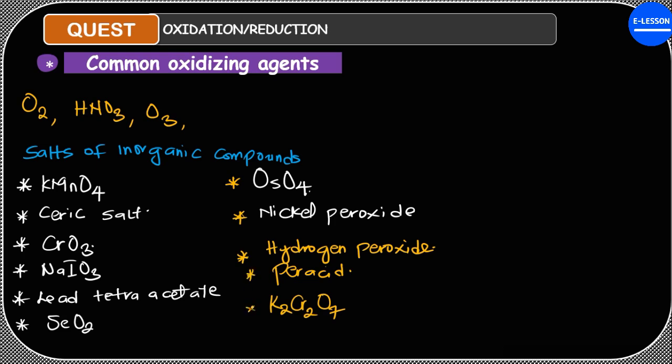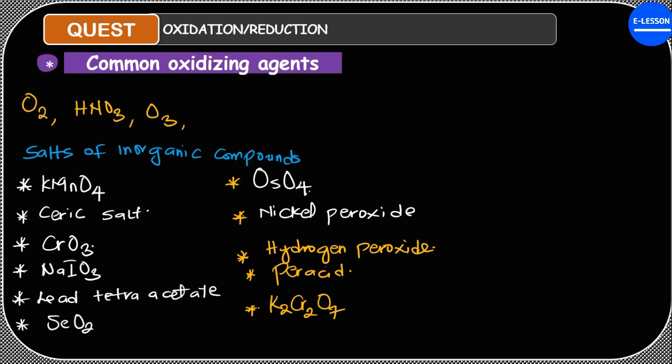Can we go together? Examples of oxidizing agents are KMnO4, the ceric salt, the chromium trioxide, sodium iodate, lead tetraacetate, selenium dioxide, osmium tetraoxide, nickel peroxide, hydrogen peroxide, the peracid, and then potassium heptaoxodichromate. Now, all these oxidizing agents are useful for oxidizing varieties of organic compounds.